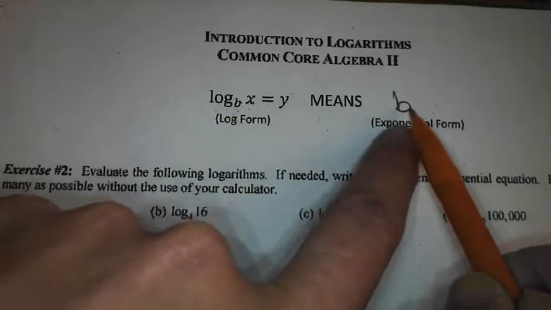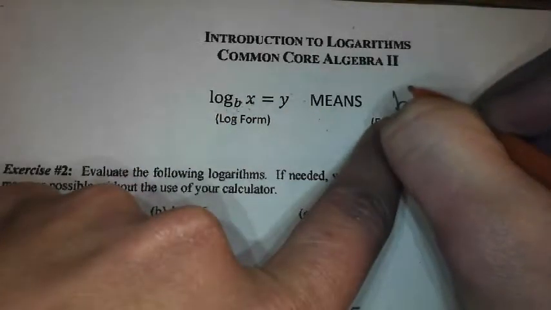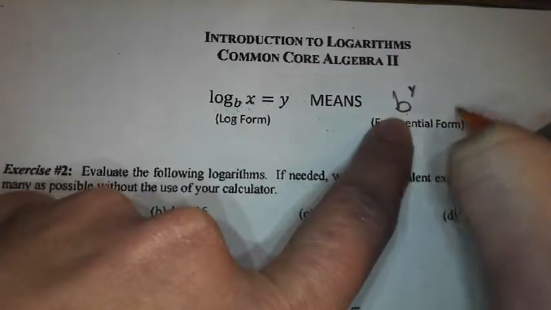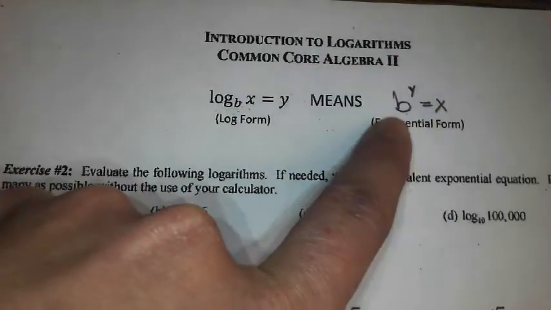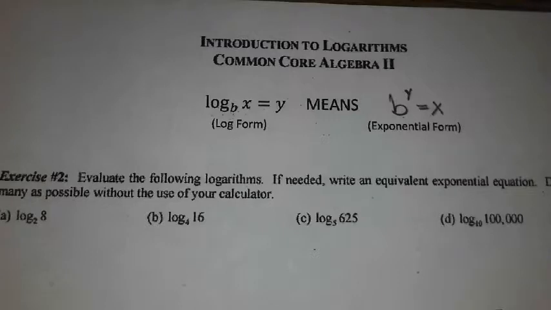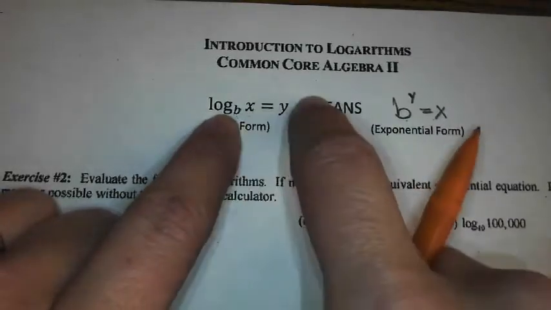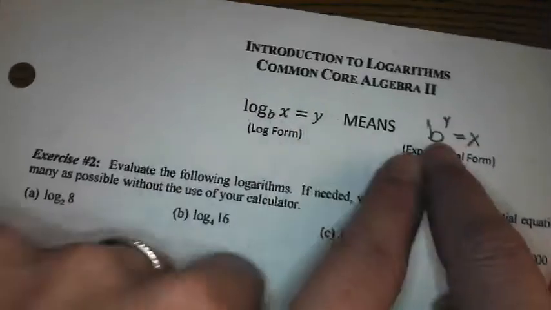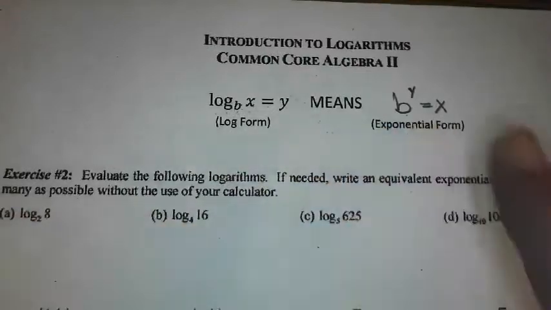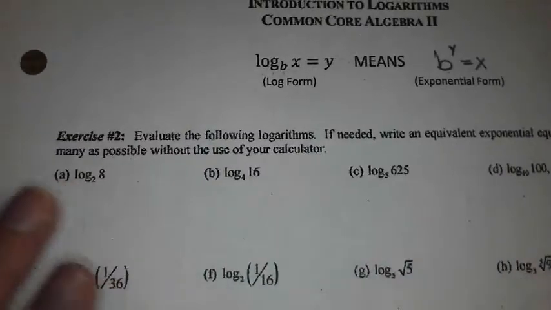So this is going to be b raised to the y power equals x. Okay? That's your translation. Your base of your log raised to the other side equals x, and now it's in exponential form. So let's look down at exercise 2.